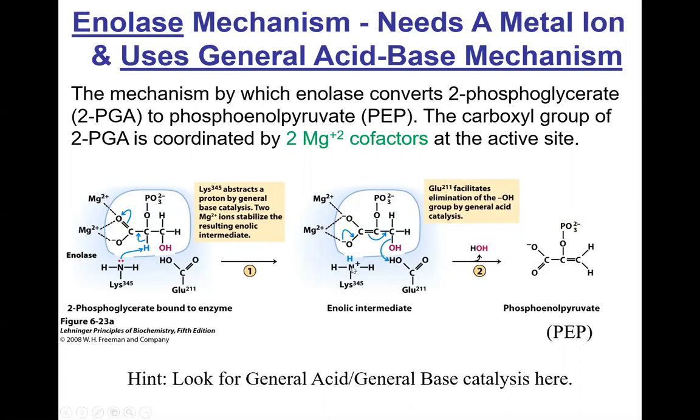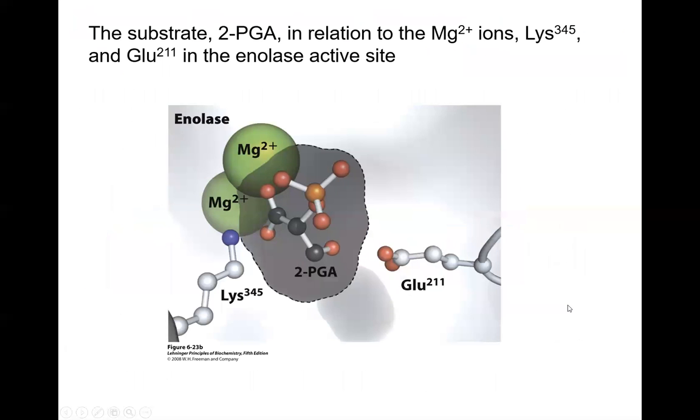There is no nucleophilic attack on any carbon, just general acid-base, right? Very, very cool. And indeed, people have looked at the crystal structure of 2-phosphoglycerate bound to the enolase active site. They can clearly see that there are 2 magnesiums that are stabilizing the carbonyl oxygen.